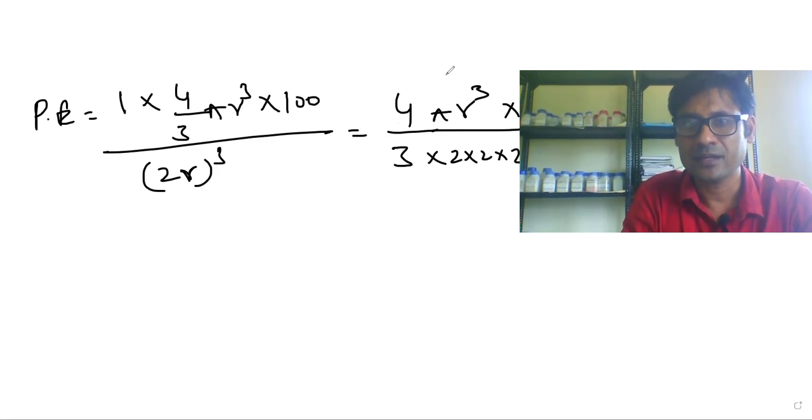Then r cube cancels out, and 4 and 2 2 ja 4 cancel out.